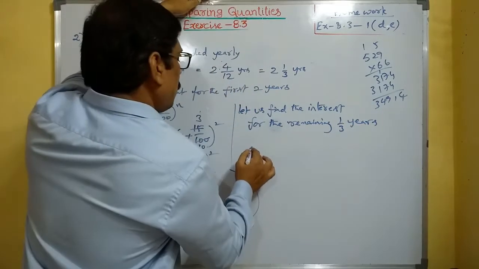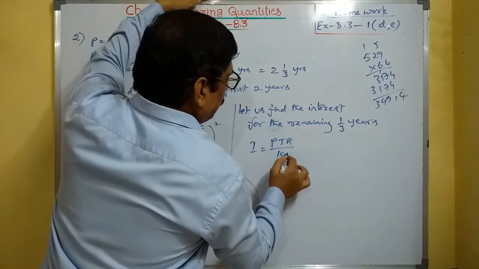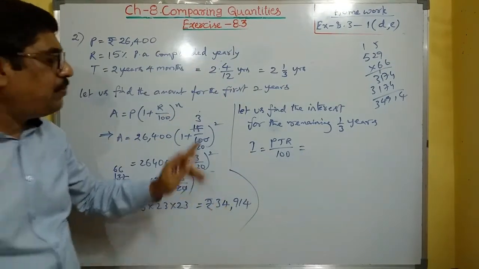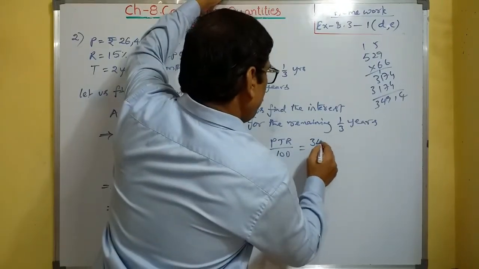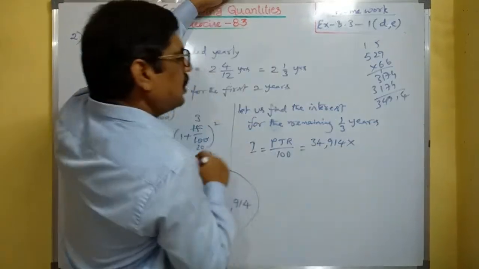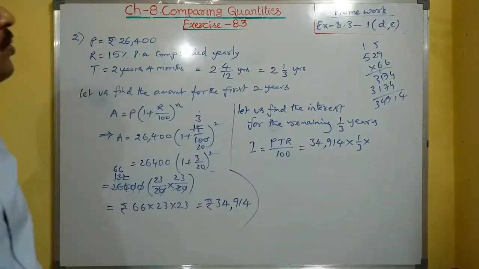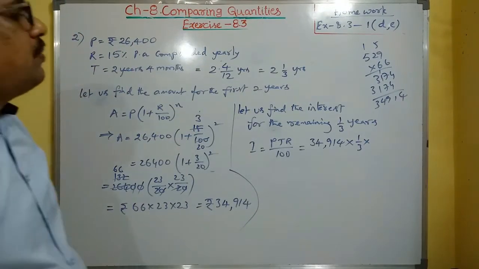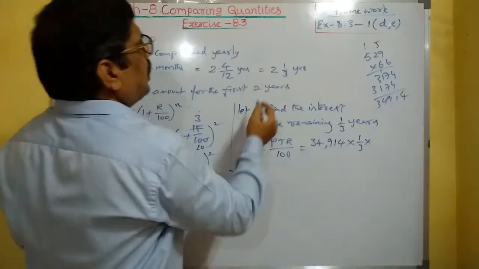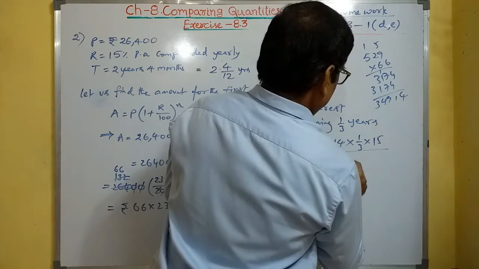So I is equal to PTR by 100 is the formula. We have to take this as the P. Why? Because after 2 years the principal has become 34,914. So time is 1 by 3 years. And rate of interest, we have to take 15 by 100.